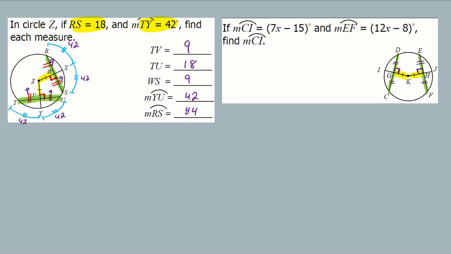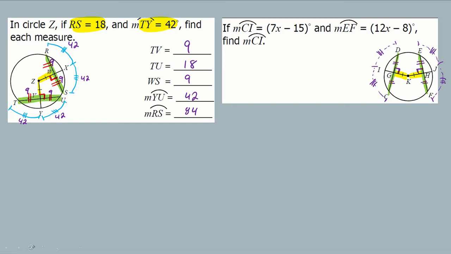And since I already know that the chords are congruent, each part of the chord is going to be congruent. And we can take it further now. Because of that right angle at the chord, it not only splits up the chord, but it also splits up the arc. And so whatever that is, they're all going to be the same.